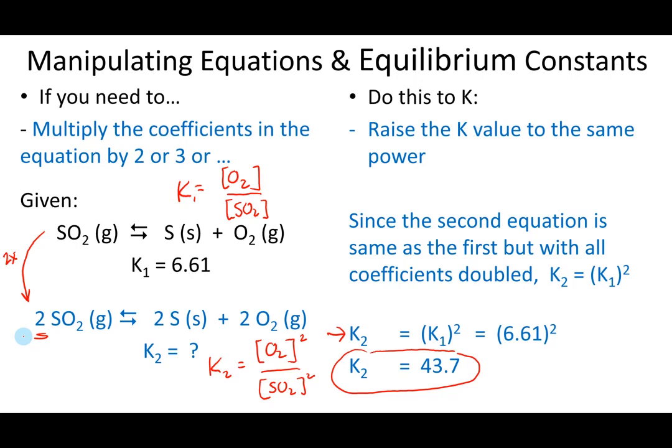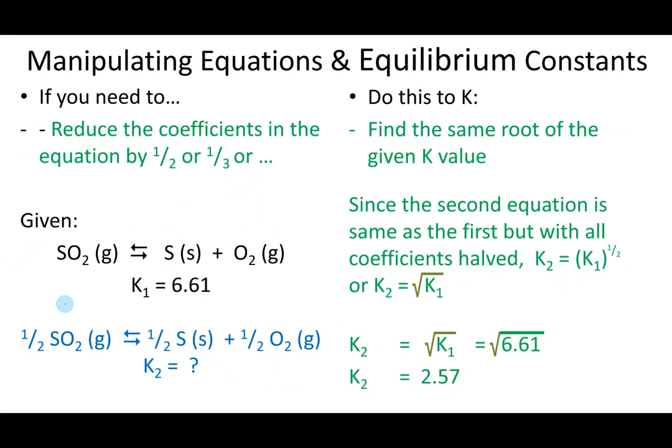And on the flip side of that is the other manipulation, if we reduce the coefficients. We see here that we've taken that same reaction, sulfur dioxide decomposing, and instead of doubling the coefficients, I've cut them in half. Well, the same idea mathematically would apply. The K expression would simply be raised to the same power as the coefficient changes that you made.